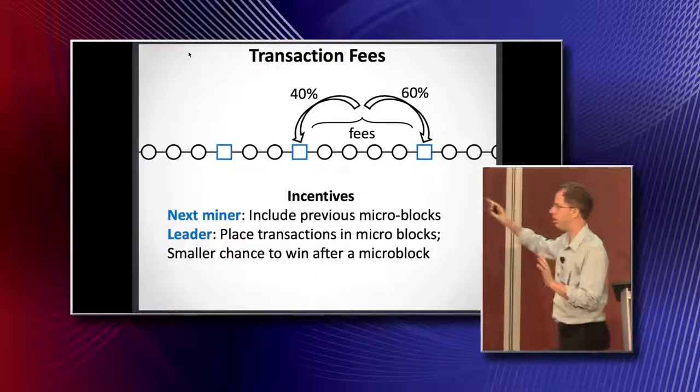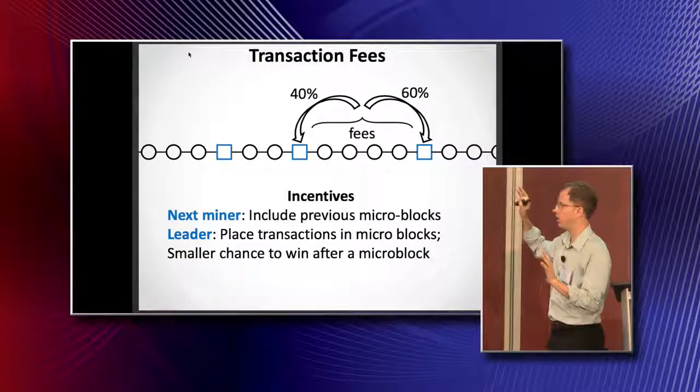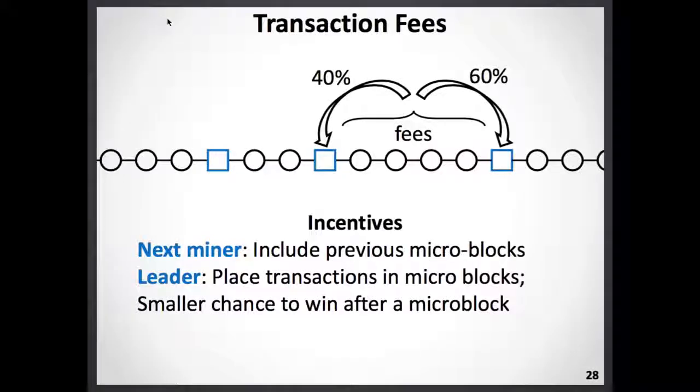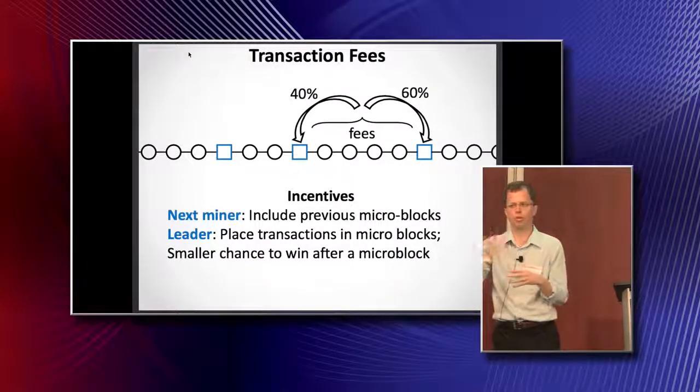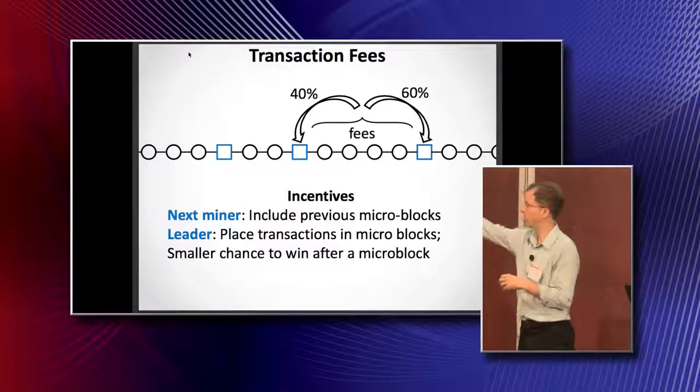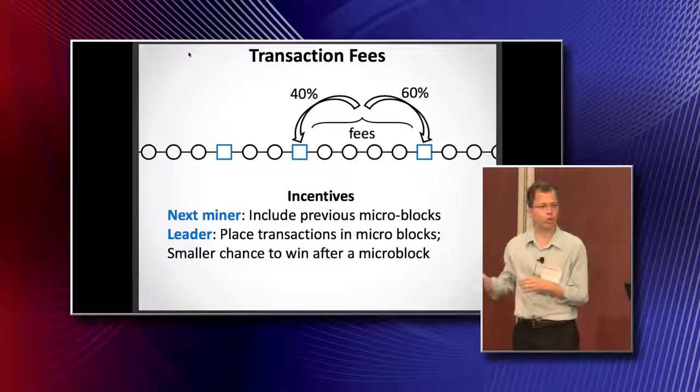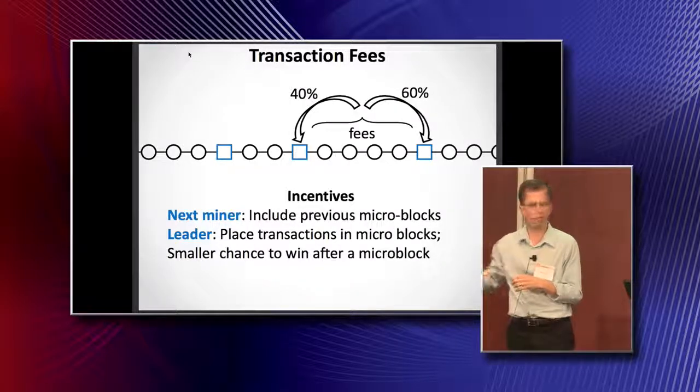And the reason is essentially this. The next miner, the one that gets the 60, is motivated to place itself as late as possible in the chain. It is motivated to include transactions from the previous miner rather than include them in their own microblock, since they get 60% rather than 40.